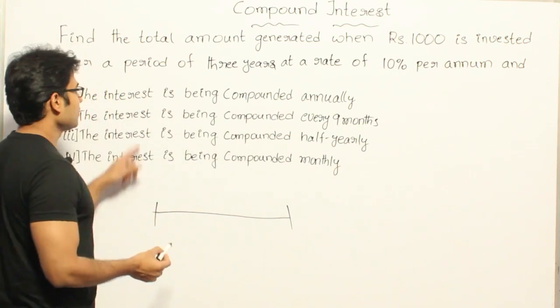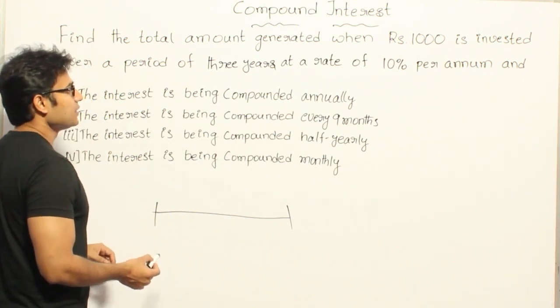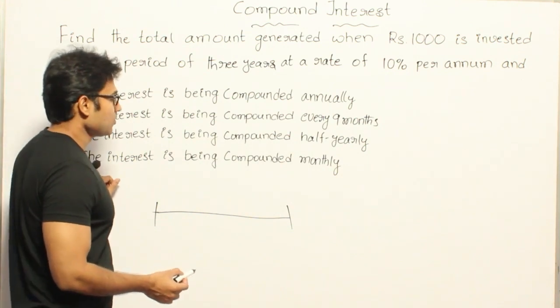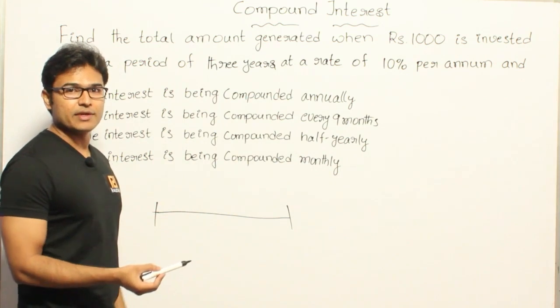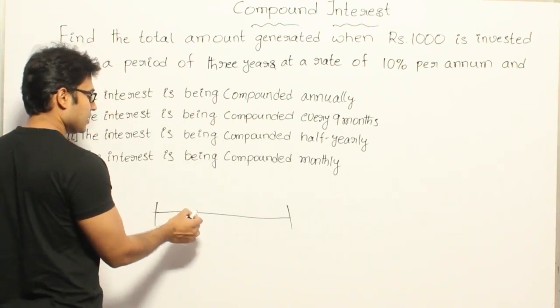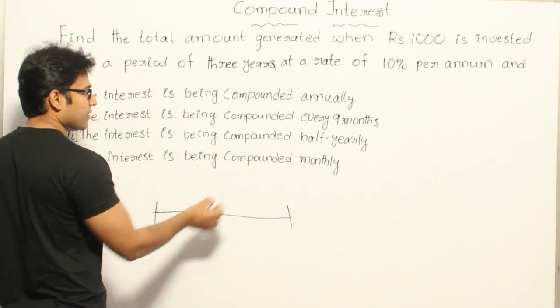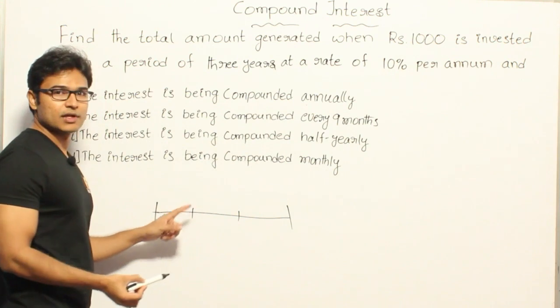Now 3 years, if you see the first one, the interest is being compounded annually, right? So how to solve it is, find out the number of slots and then the interest per slot. This is totally 3 years and the interest is being computed annually, means there are 3 such parts.